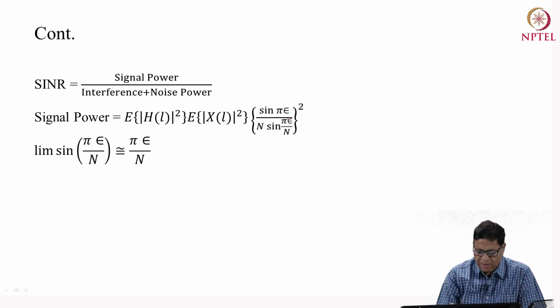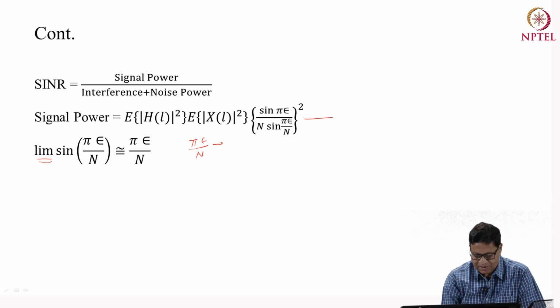And we can approximate this value, sine pi epsilon divided by N sine pi epsilon by N. Sine of pi epsilon by N is approximately equal to pi epsilon by N when pi epsilon by N is small, which is true because there will not be a major frequency offset.